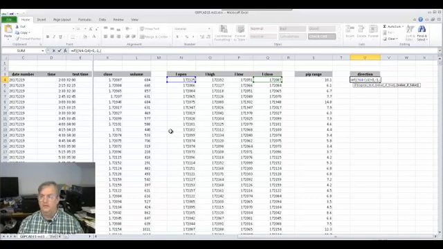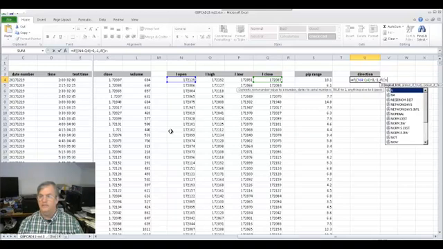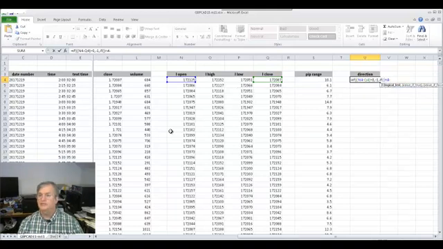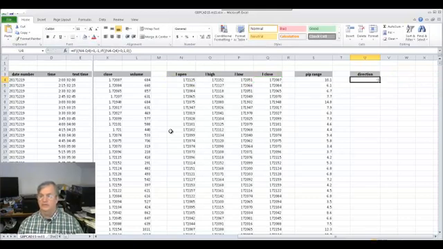If L open minus L close is less than 0, then it's a value of 1, or it's going to be 0. And I close that out, and there we have it.